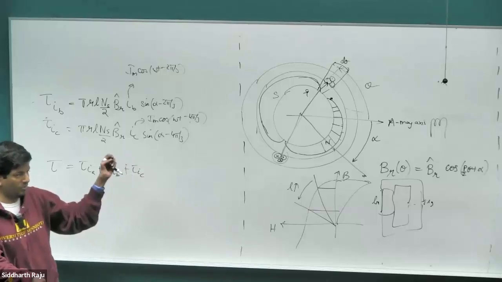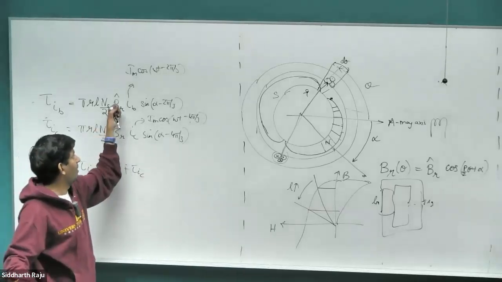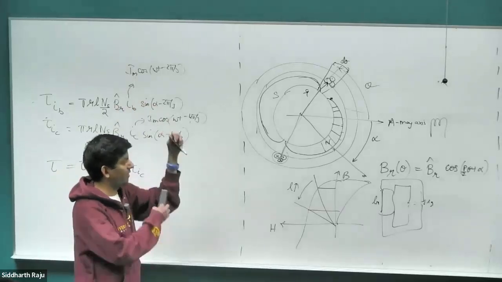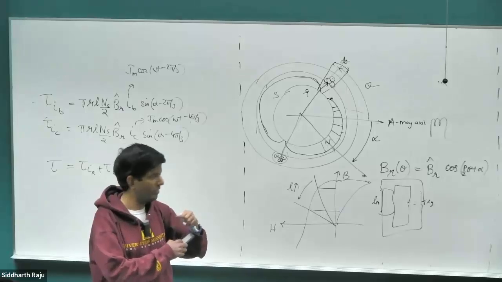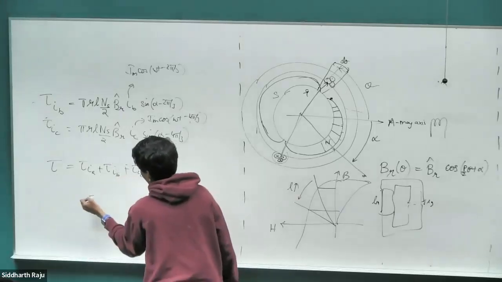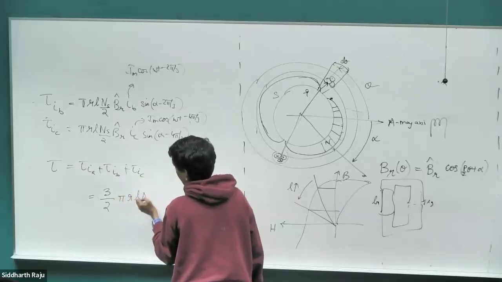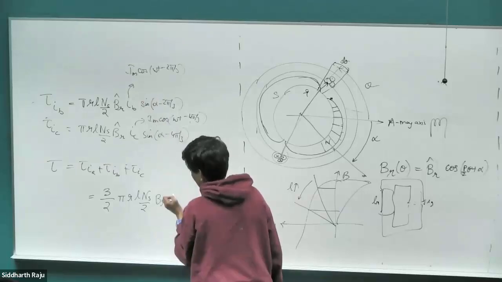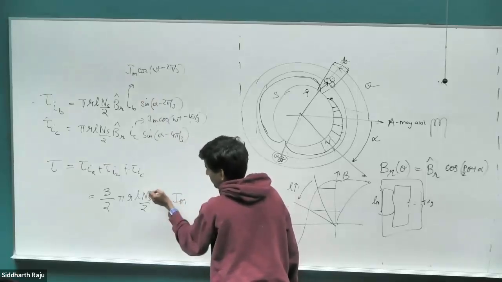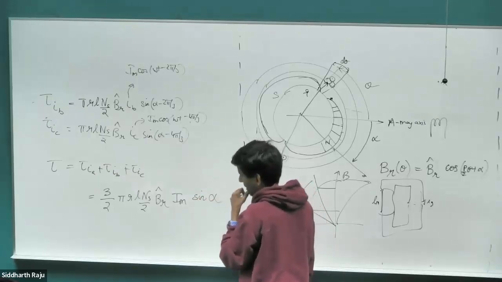It's basically the same expression you would have gotten when you solve for the space vector rotating in the air gap. You had these combinations of one time-varying component and another component which was basically shifting it by e power j0, e power j2 pi by 3, e power j4 pi by 3. So the final expression that you would get out of this would be 3 by 2 times pi RL NS divided by 2 times BR times the current magnitude Im times sine of alpha plus omega t.